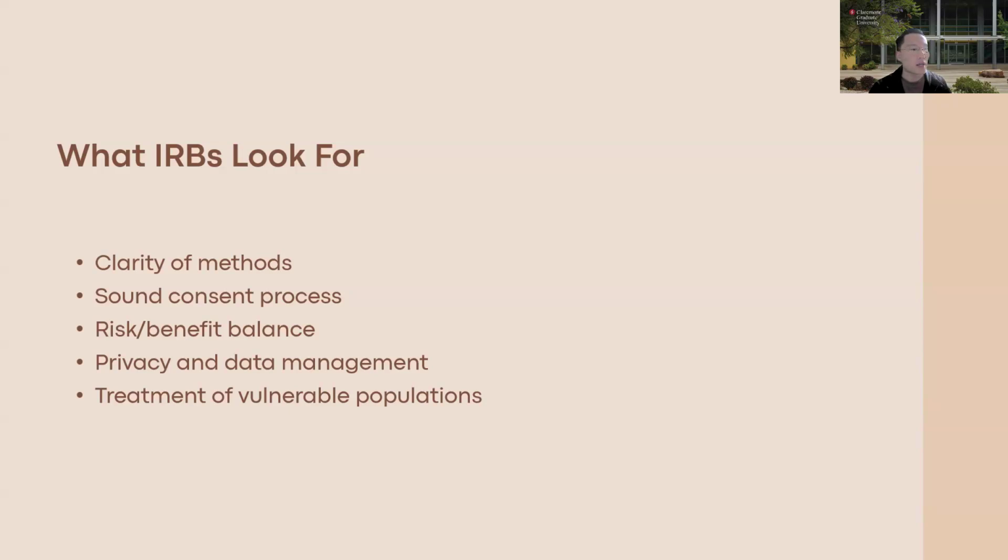The third element is risk and benefits balance. This is connected to the benefits principle we have talked about. When reviewing your application, the IRB wants to see evidence that you've fully anticipated the associated risks and benefits in your research, and how these two balance each other.